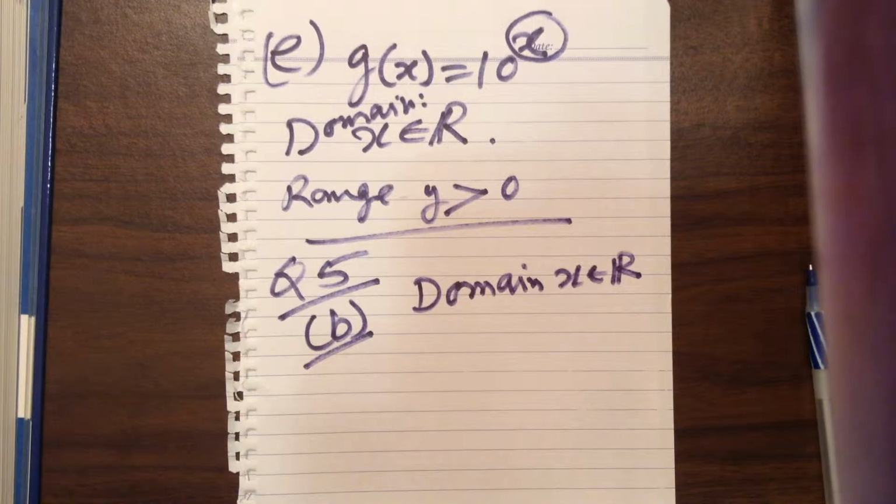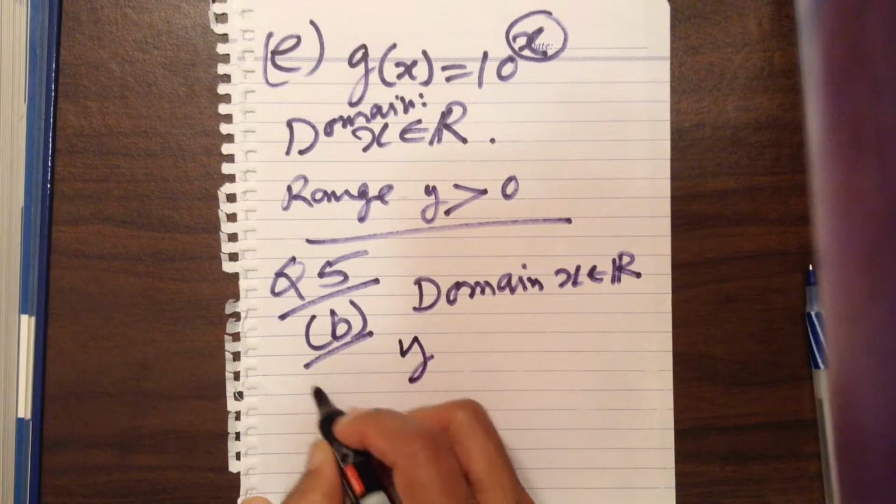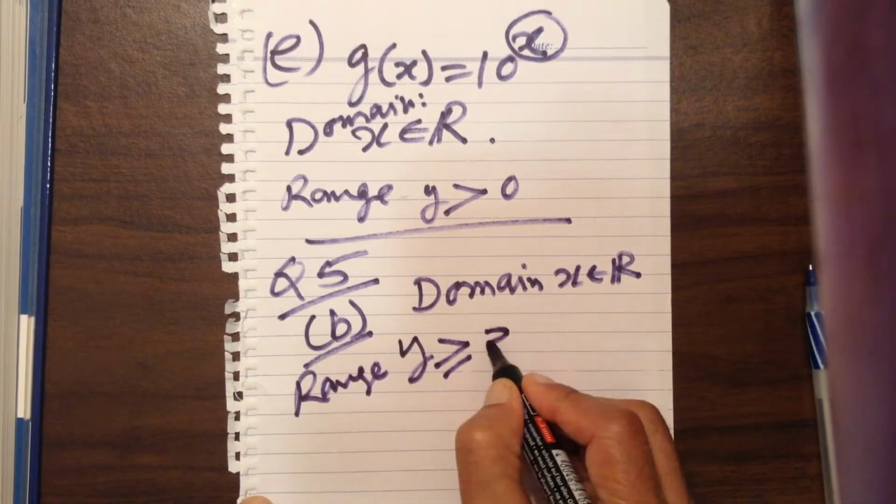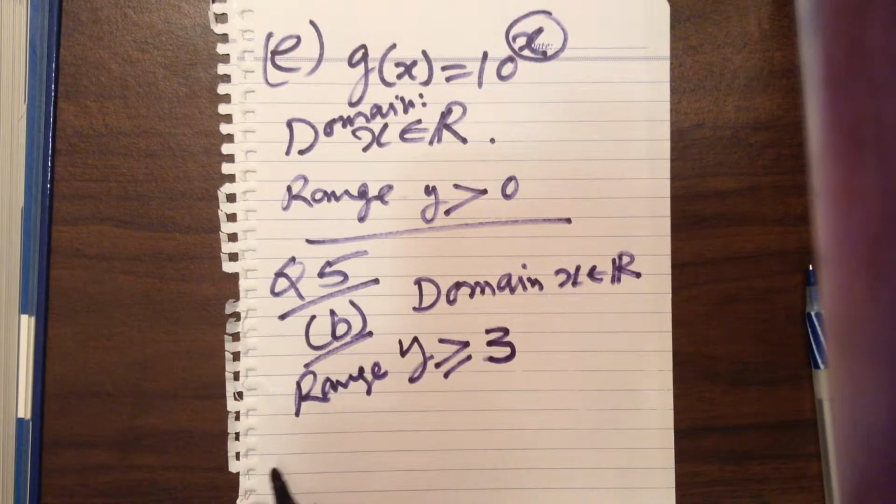Well, the first part, 2 times (x minus 1) whole squared, has a smallest value of 0. When we add 3 to this, the smallest value of y is 3. So the range is y greater than or equal to 3. This is 5b.